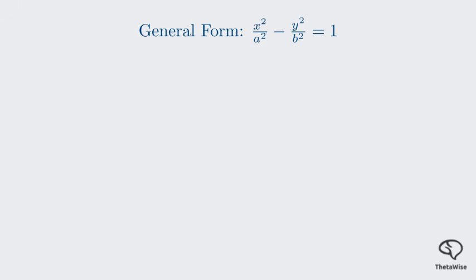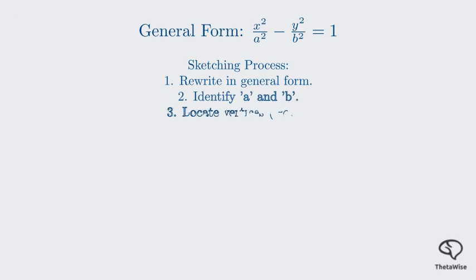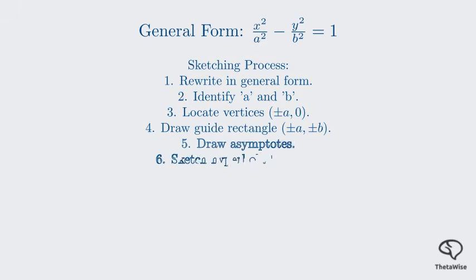We also learned how to determine its domain and range. Finally, we walked through a step-by-step process for sketching a hyperbola from a given equation. This process involved rearranging the equation, identifying a and b, locating the vertices, drawing the guide rectangle, sketching the asymptotes, and finally, drawing the hyperbola branches. Understanding these steps and the key features will allow you to confidently work with non-rectangular hyperbolas.